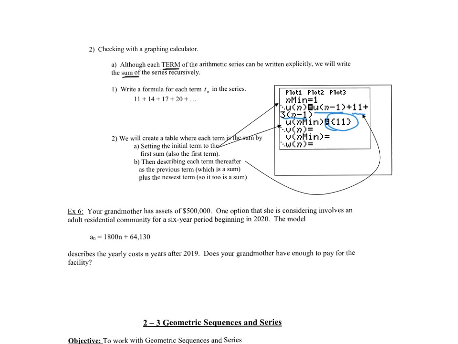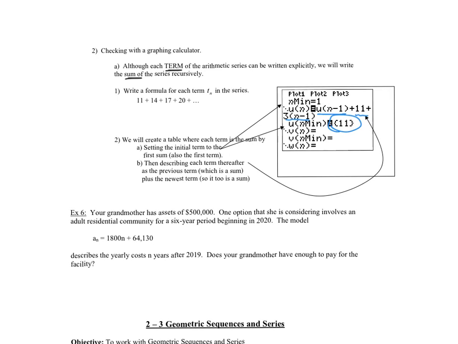So, the things we need to know. In the first year, a1 is $65,930, and in the 6th year, she would pay $74,930.